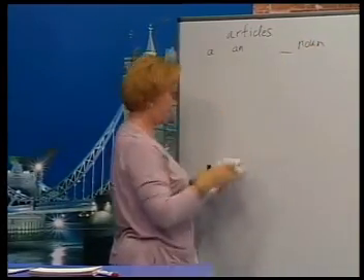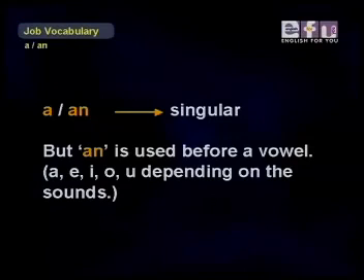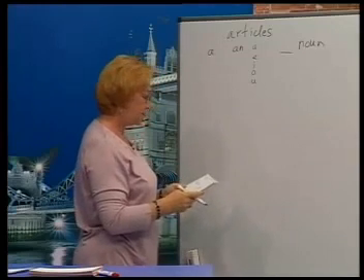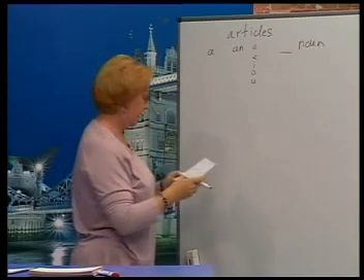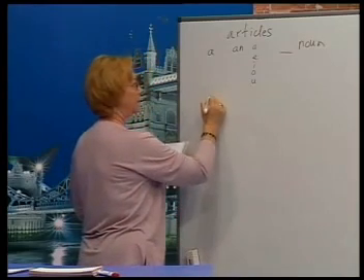A or an. Now, usually we use a before a noun, but an is used before a, e, i, o, u, depending on the sound. Now, we'll look at some examples.